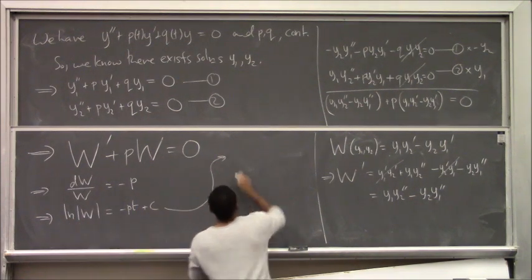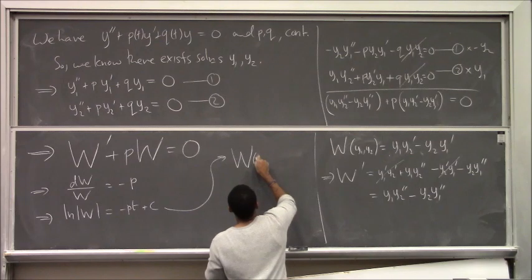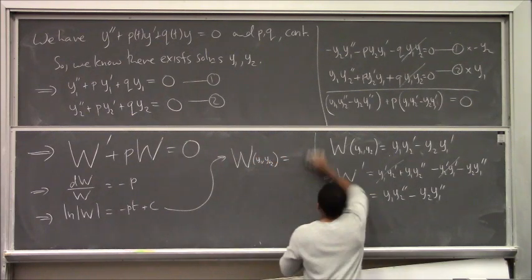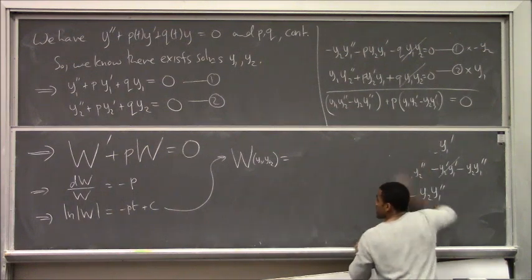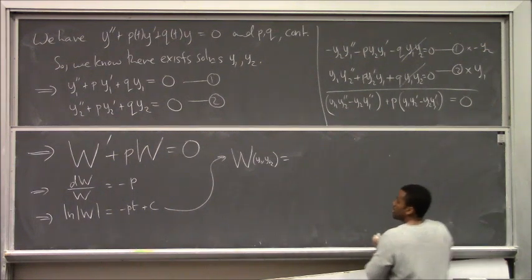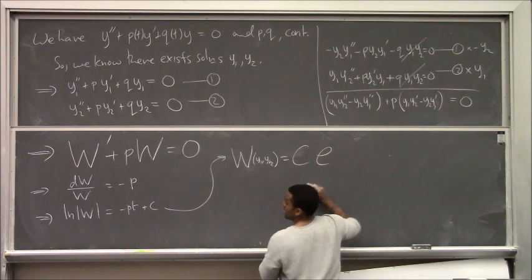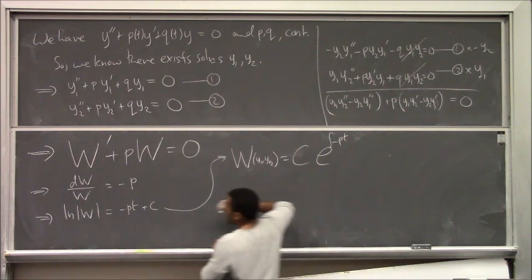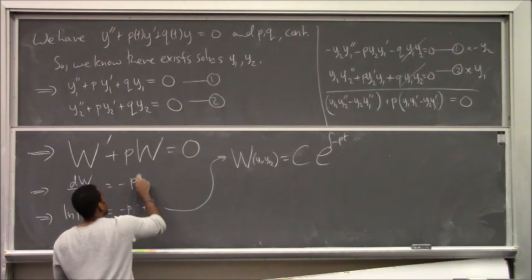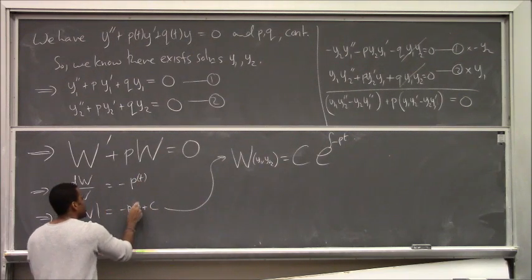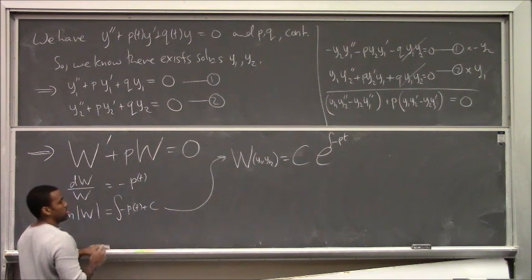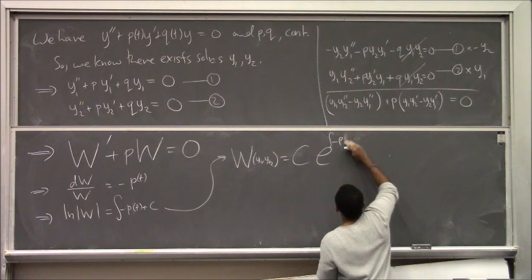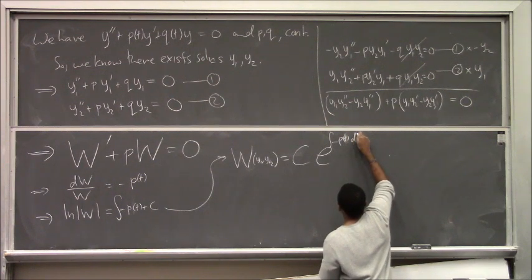And so the Wronskian of two solutions may always be expressed as the integral of p. Actually, we don't know that p is a constant here, sorry. So this is a function, so whatever this is, it's going to be an integral. So here it's p of t, whatever that integral is.